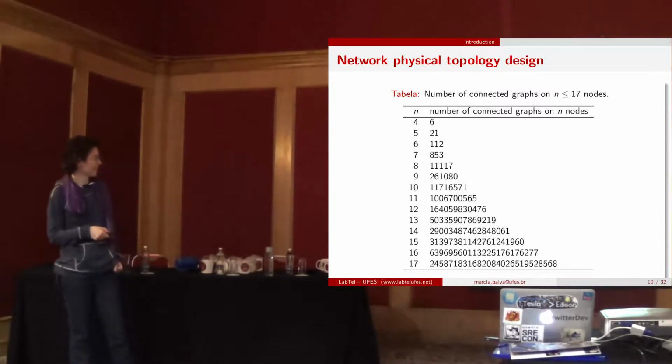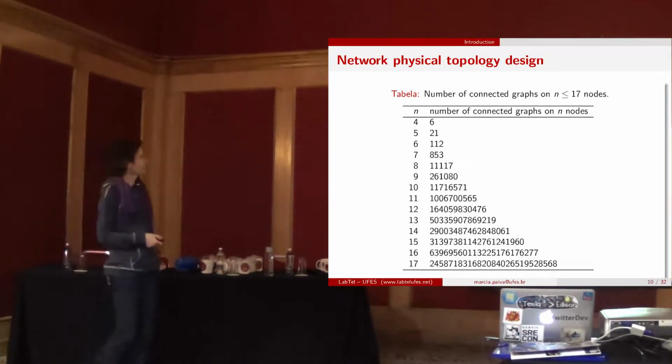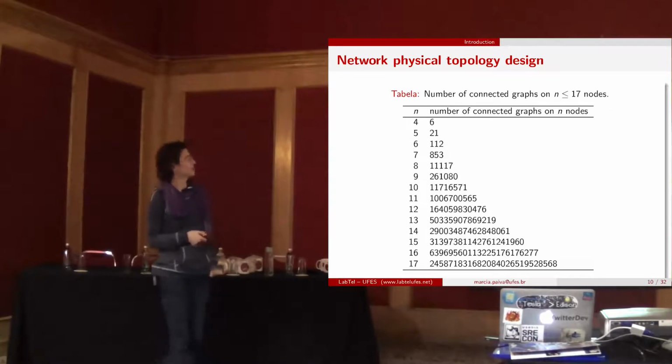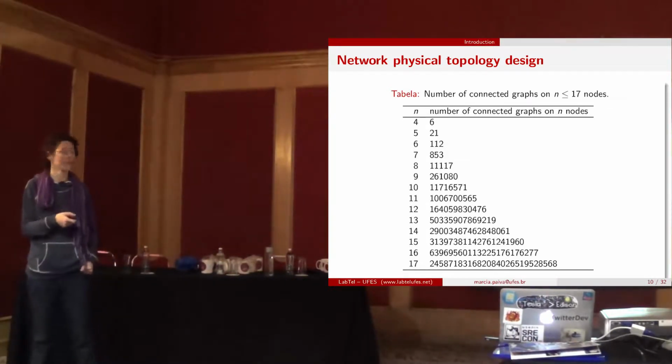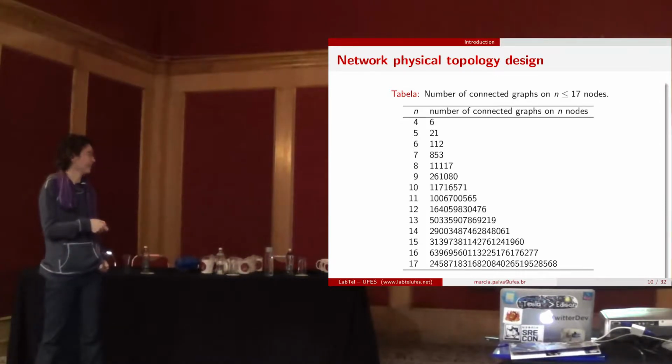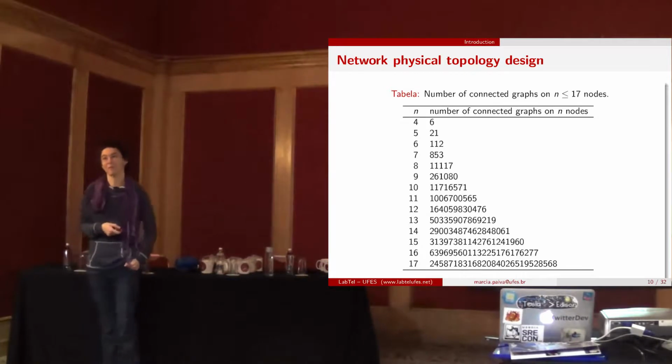With just 7 nodes, which is the example in this picture, there are almost 800 connected graphs to choose from. And when the number of nodes grows, the number of graphs grows very quickly.